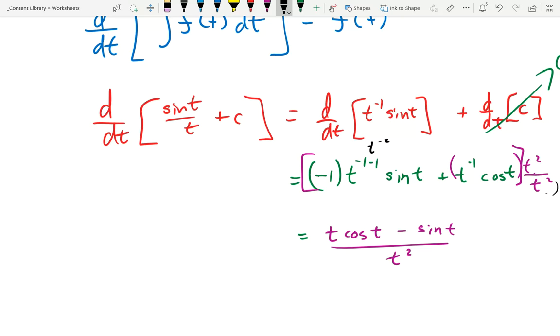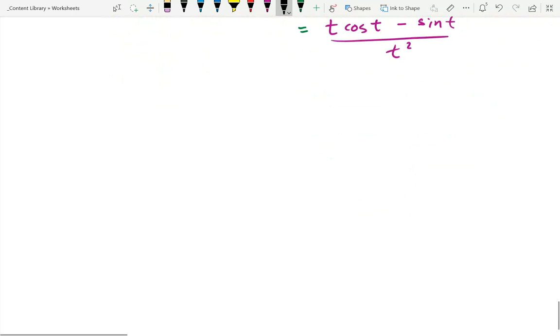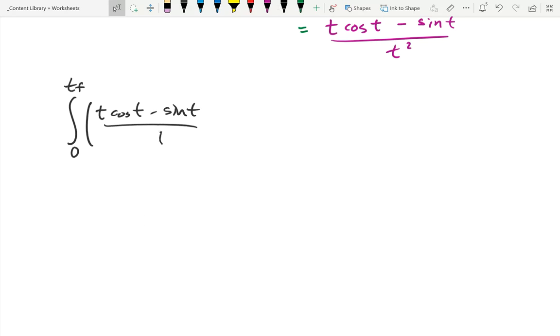And so now that we've done that, I'm ready to say the integral from 0 to t final of t cosine t minus sine t over t squared dt is equal to sine t over t with my limits from 0 to t final.